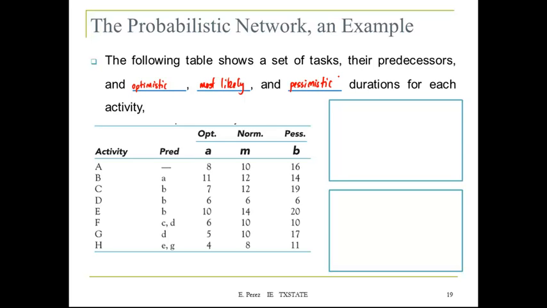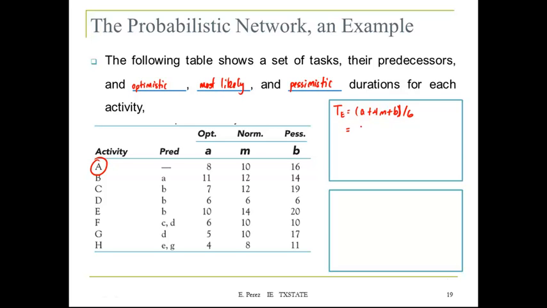Now, we already learned how to compute the expected value of each task. So we're going to assume that this data is going to follow a beta distribution. So we can estimate that expected value, let's say for activity A, using the equation: a plus 4 times m plus b, divided by 6.